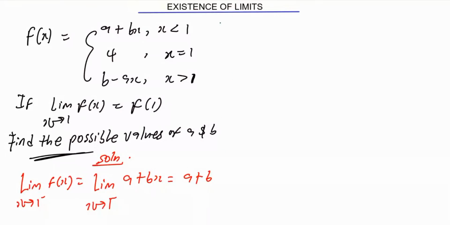Similarly, find the limit as x tends to 1 from the right of this same function f of x. From the right, x greater than 1, and that is b minus ax. And that will give me b minus a.